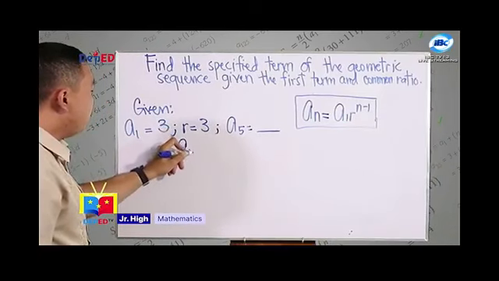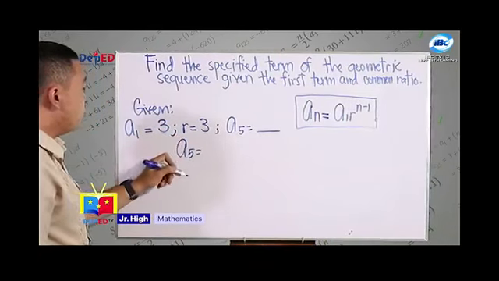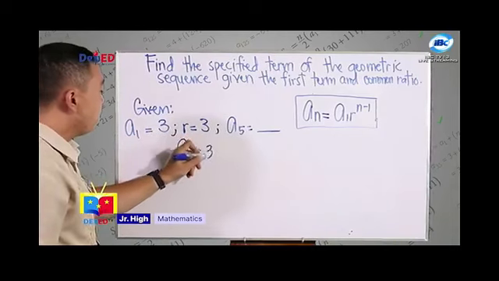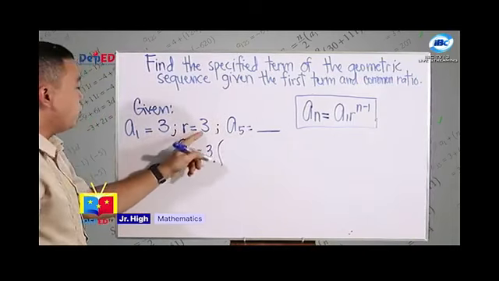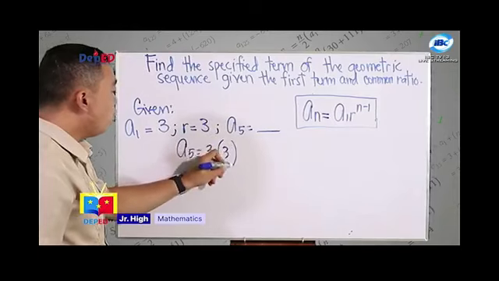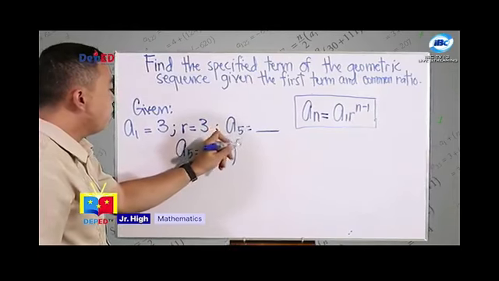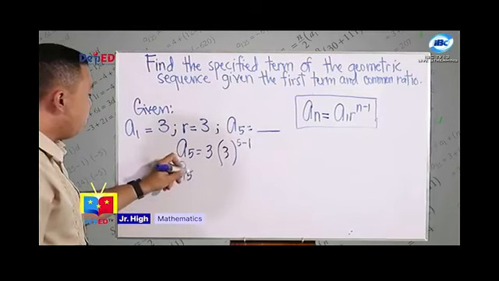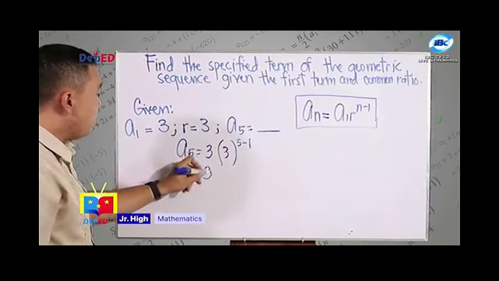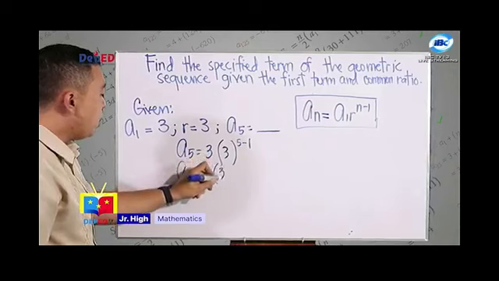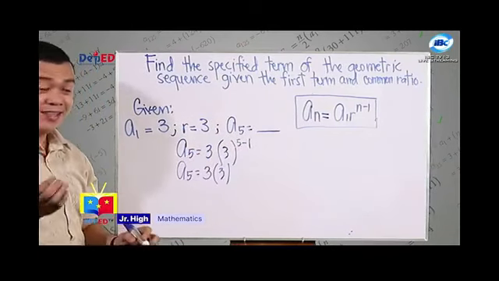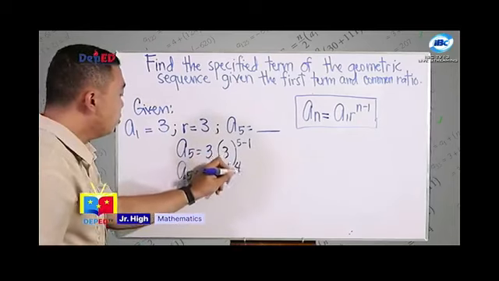We have a sub 5 is equal to our a sub 1, or the first term is 3, times the common ratio, which is also 3. Our n is 5 minus 1. Then you will have a sub 5 is equal to 3 times 3 raised to 5 minus 1 is, correct, 4.